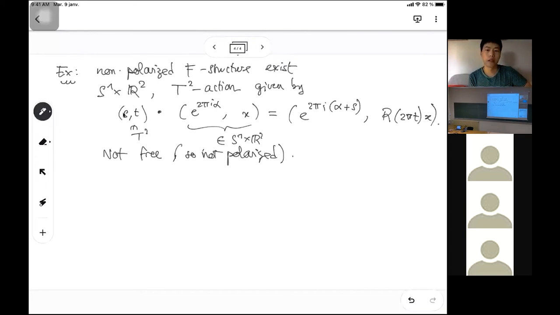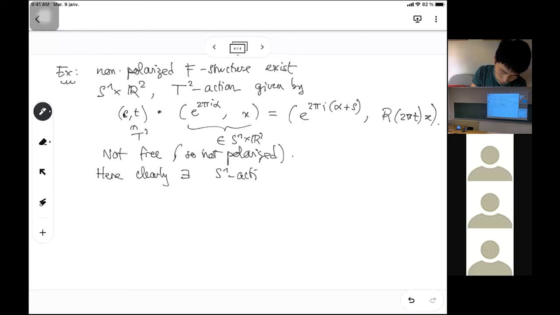So here you might say, well, okay, sure, this T2 action is not polarized, but clearly you have an S1 action, which is free. And so that is a polarized action. So you can apply everything that we said, right? And that's true. In this particular case, in dimension 3, you do have an S1 action, which is free.